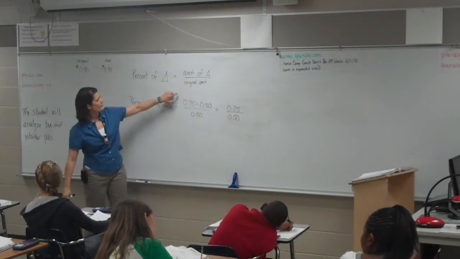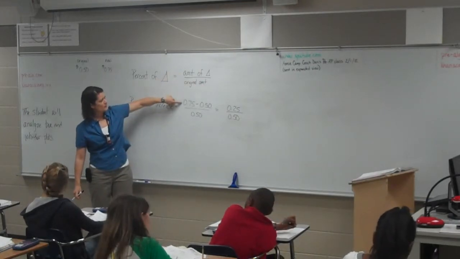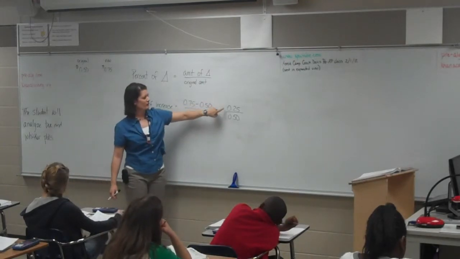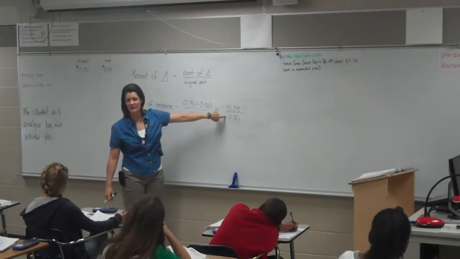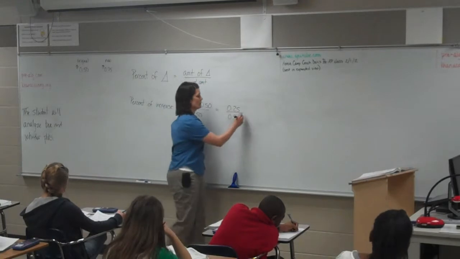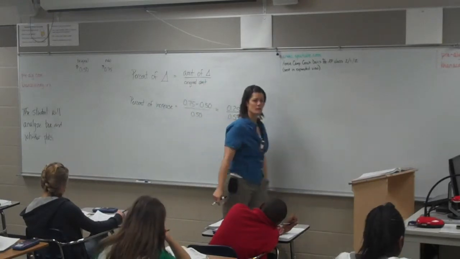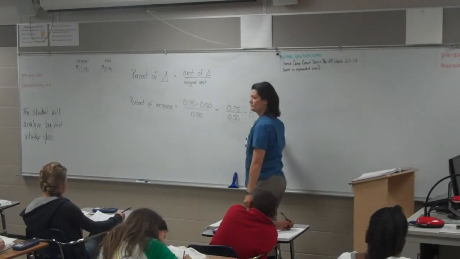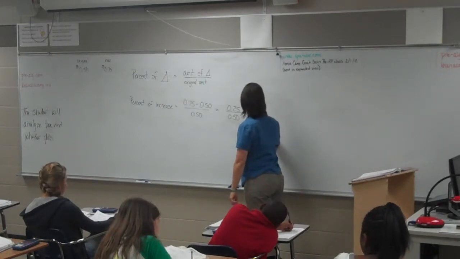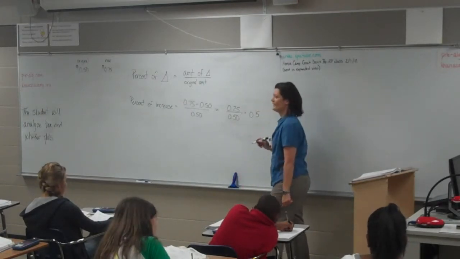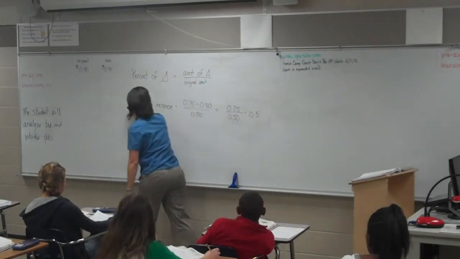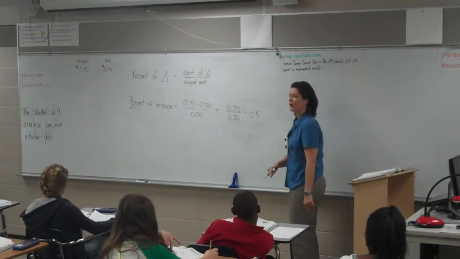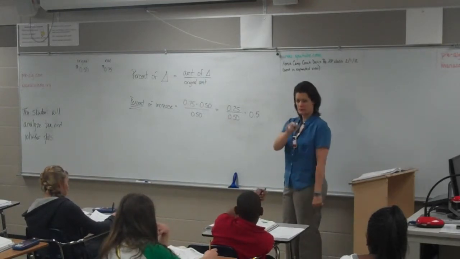So, we have the amount of change divided by the original amount. So we have 25 cents divided by 50 cents, which is what? 0.5? Okay, but what are we finding? Is this our answer? No. Correct.